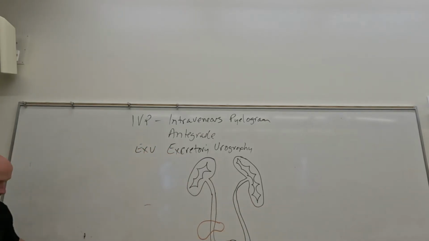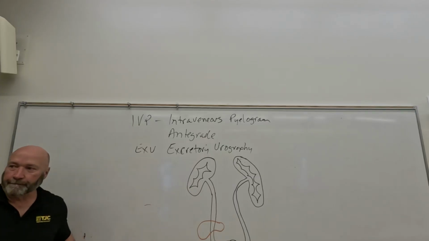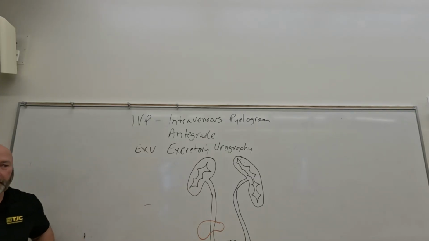So we do the scout, and then we would draw up 2 of the 50 cc Isovue, and we'd take the scout back to the radiologist and have the radiologist take a look at it. They'd tell us what they wanted, just normal routine most of the time.